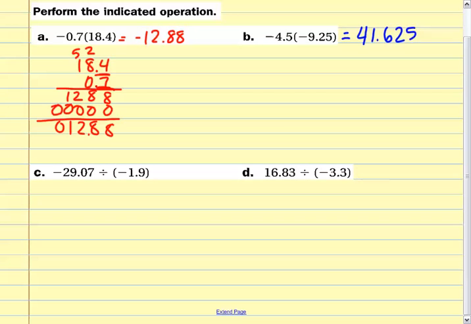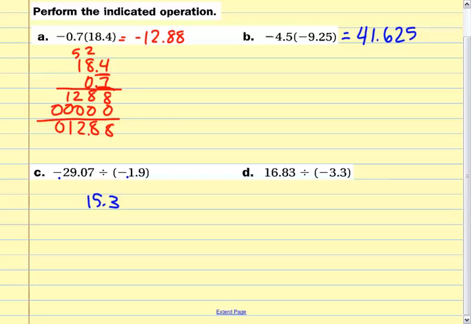How about down here? Negative 29.07 divided by negative 1.9. Who wants to tell me the answer for that one? David, what'd you get? 15.3. Yeah. Nice. Positive or negative? Yeah, it should be, because that's negative and that's negative. A negative divided by a negative is a positive.